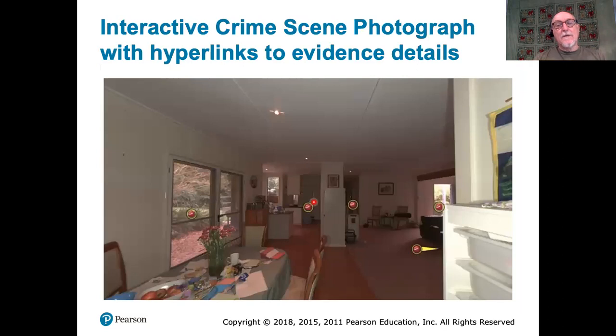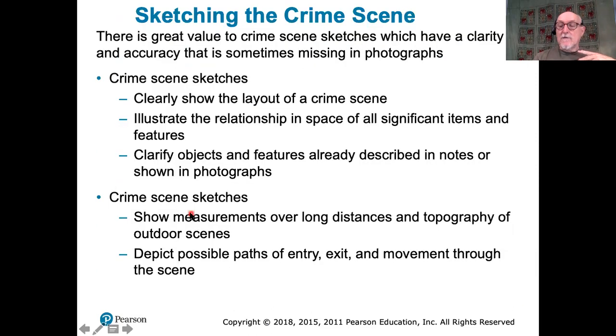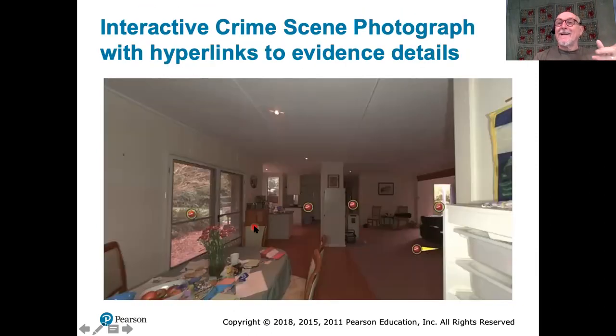So here's another one. This is from Australia. And this is a still photograph, obviously. But this is an interactive crime photograph. Each of these little red dots here doesn't work for us, but anybody viewing the entire photograph can click on a link there, and it takes them immediately to the piece of evidence collected at that scene, maybe a fingerprint on this glass door or something like that.